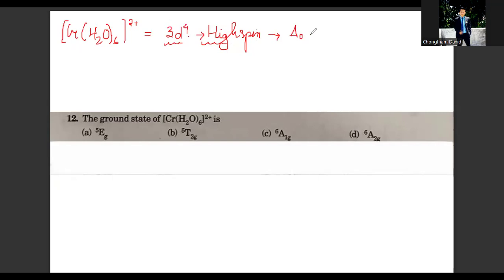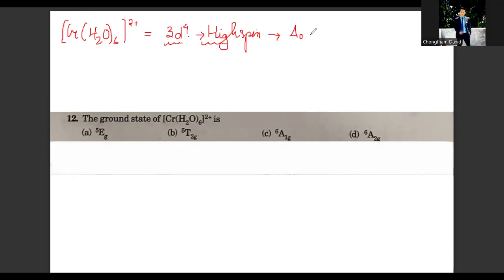So in the octahedral field, the 3d orbitals split into 2 sets. The lower energy t2g set, which consists of 3 orbitals: dxy, dyz, and dxz. The higher energy set is the eg set, which consists of 2 orbitals, that is dz square and dx square minus y square, because the lobes are along the internuclear axis.